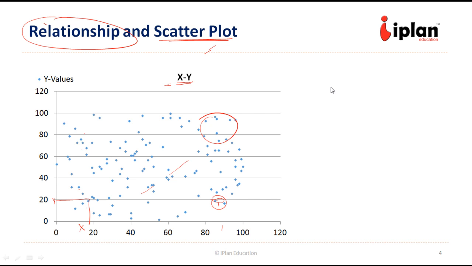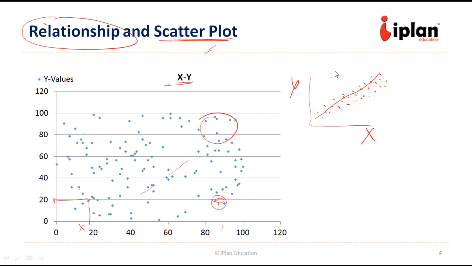On the other hand, if we see this kind of scatter plot between x and y, it indicates that there is a linear relationship between them. Although it does not accurately plot the line as such, it indicates that there is a linear relationship.